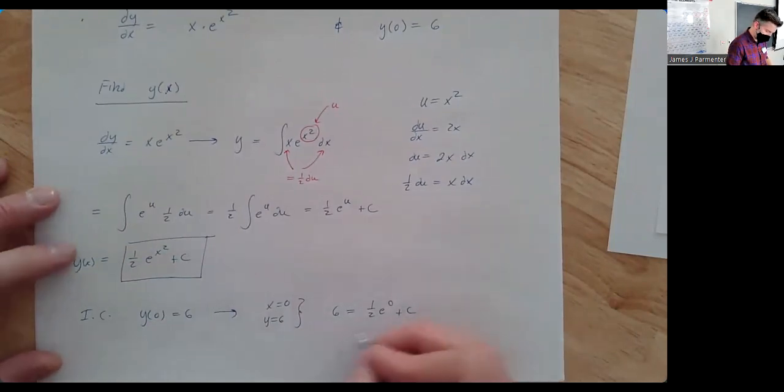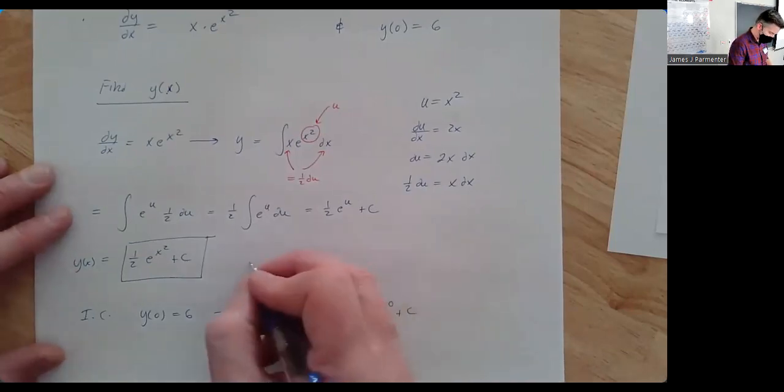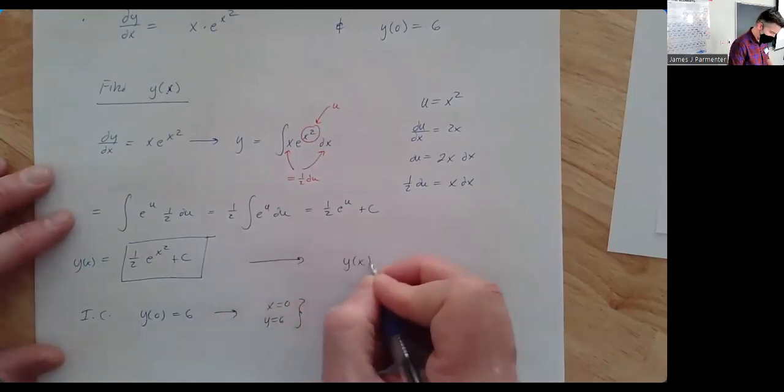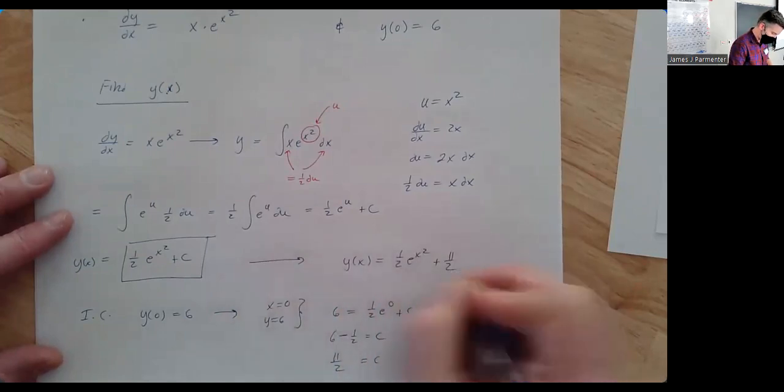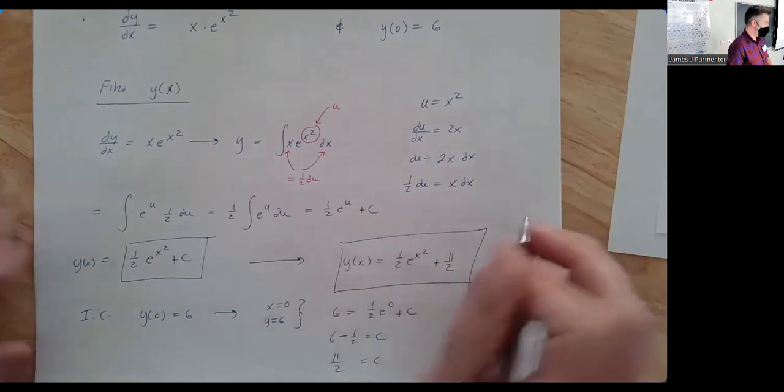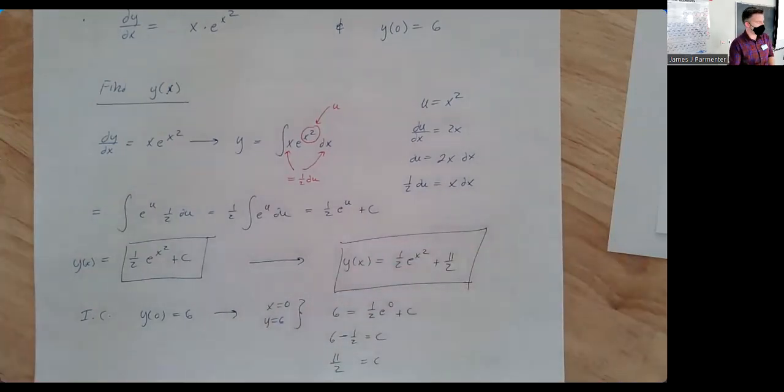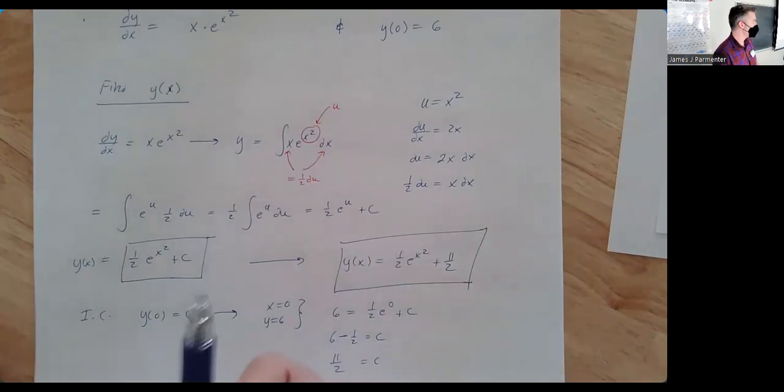E to the 0 is 1, so 6 minus 1/2 equals c. The c equals 12 minus 1 over 2, which is 11/2. So then our actual answer would be y as a function of x is equal to 1/2 e to the x squared plus 11/2. If they give us that initial condition, that's when we find c. That's usually not something that comes up very often in this class, but it can on occasion.